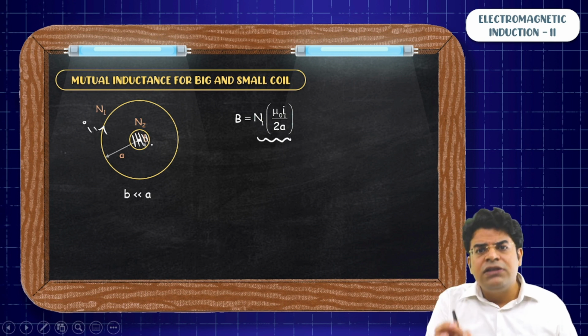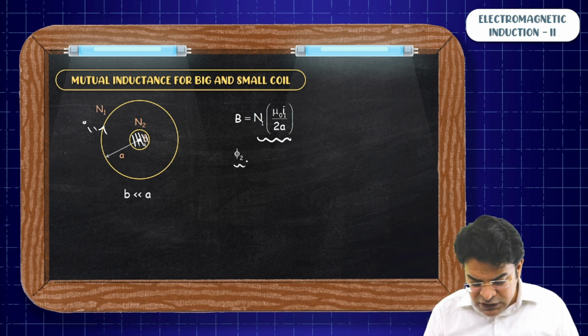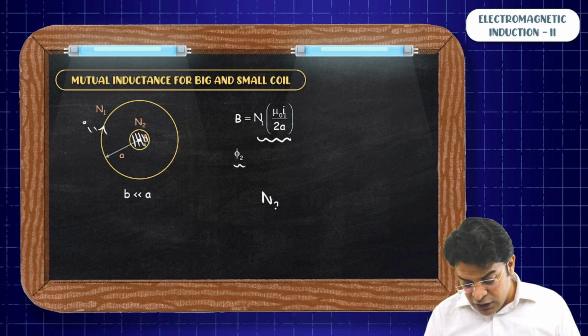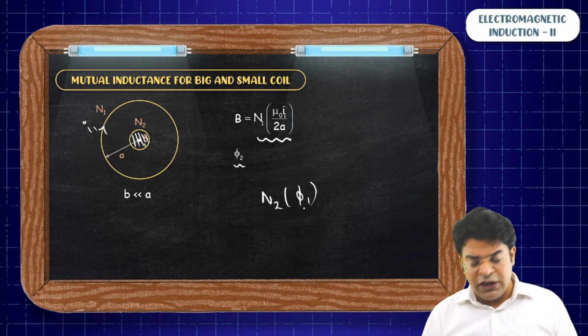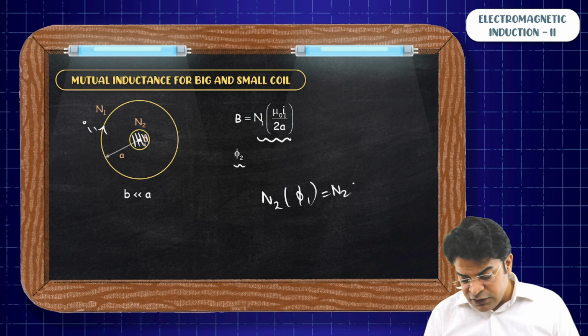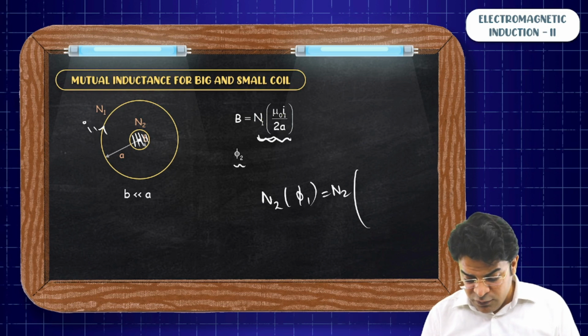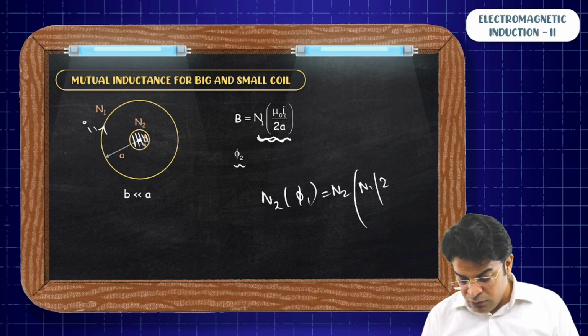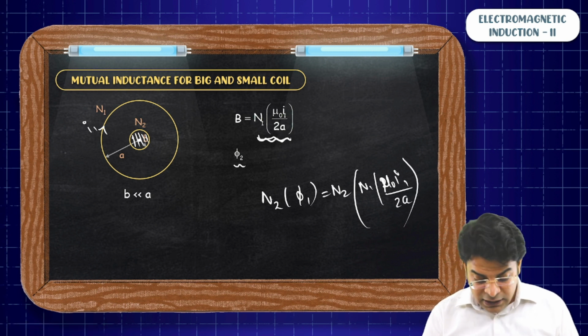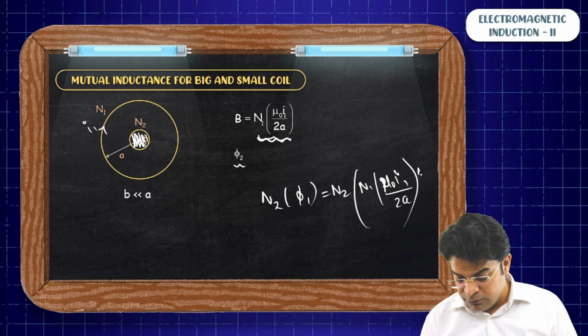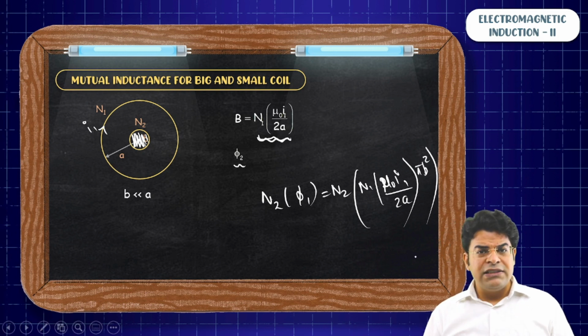What will be the flux linked with the smaller coil? You will say that the flux linked with the smaller coil will be equal to the number of turns multiplied by flux linked with one turn. And you can write this flux linked with one turn as the magnetic field strength, which is N1 into mu naught I1 by 2A, multiplied by the area of this smaller coil, which is pi b square. That's how easy it is.